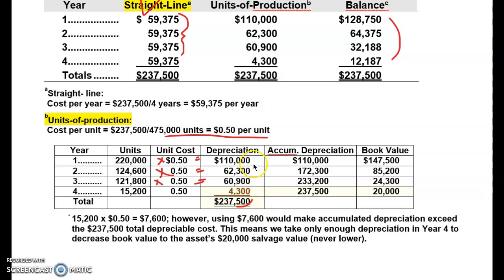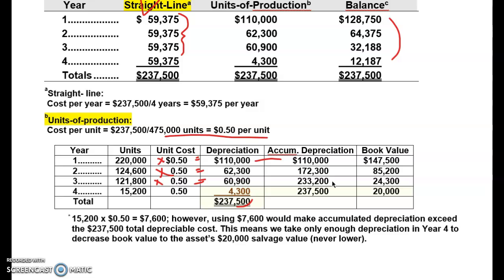So what are we going to do? Pause everything. Accumulated depreciation after year 1 is 110. After year 2 it is 110 plus 62.3, or 172.3. After year 3 it is 172.3 plus 60.9 equals 233.2. So if you're working this video at home, you can pause the video now and make sure you can calculate the depreciation for years 1 through 3, 110, 62.3, 60.9, and that you can get accumulated depreciation through 233.2.